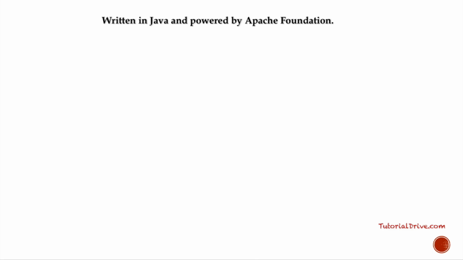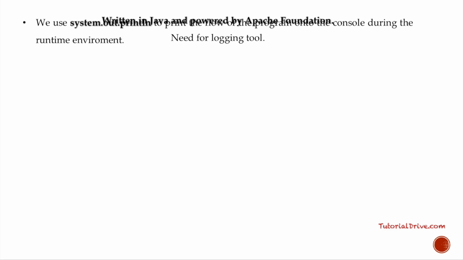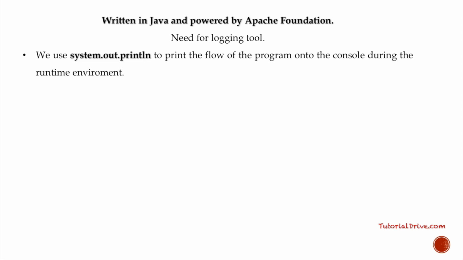Before going into this logging framework, we have to know what the necessity of having a logging framework is. As we know, in the development environment, when we write code, we usually use system.out.println to print the logs, or whatever the flow of the program, onto the console.